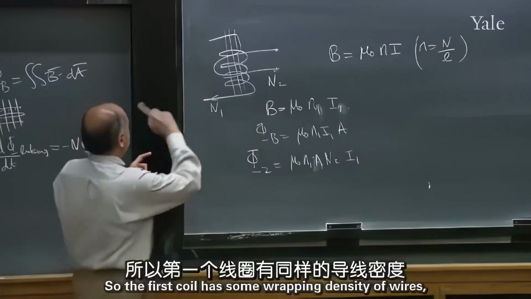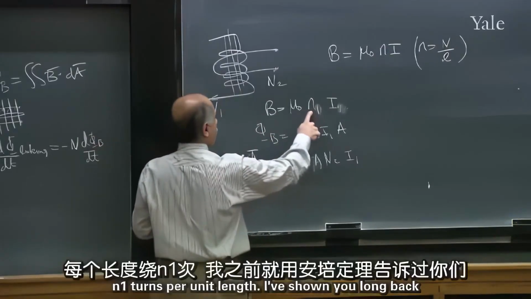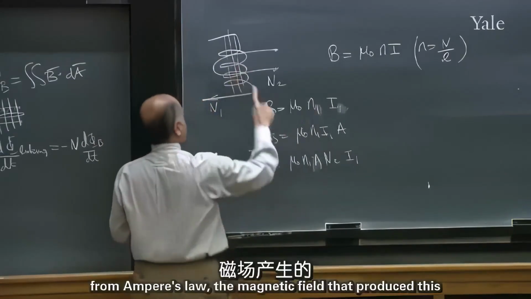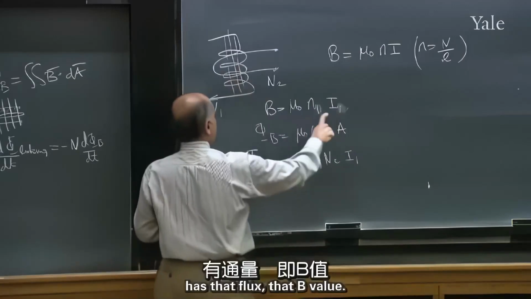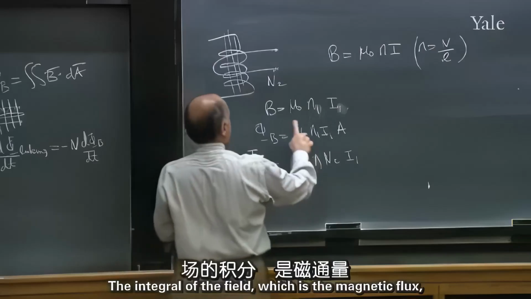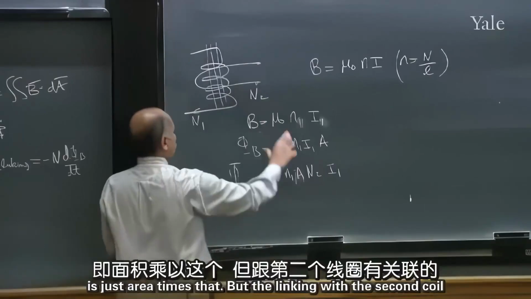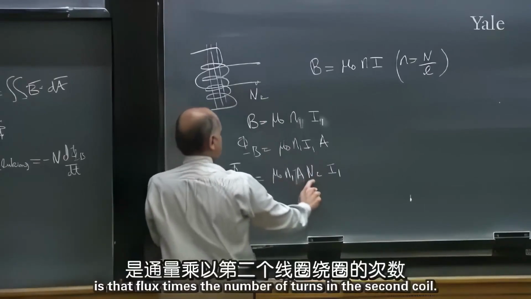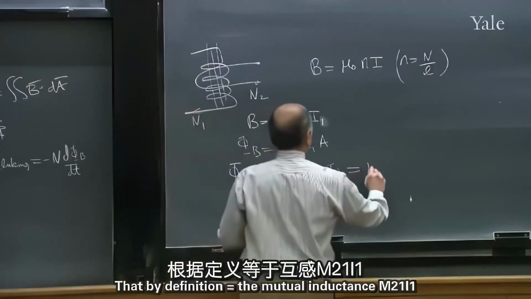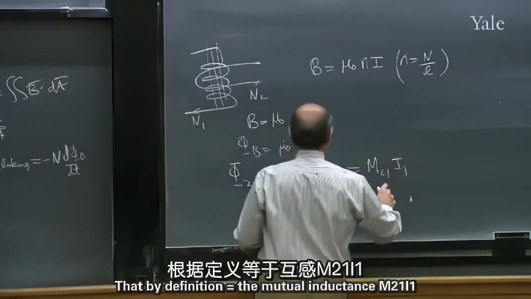So the first coil has some wrapping density of wires, N1 turns per unit length. I've shown you long back from Ampere's law, the magnetic field it produces has that B value. The integral of the field, which is the magnetic flux, is just area times that. But the linking with the second coil is that flux times the number of turns in the second coil. That, by definition, is equal to the mutual inductance M21 I1.